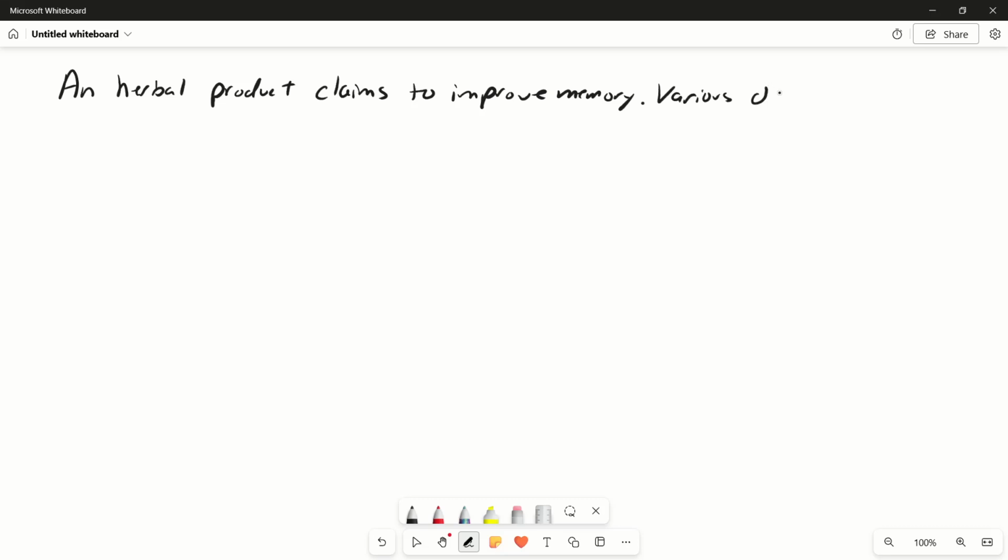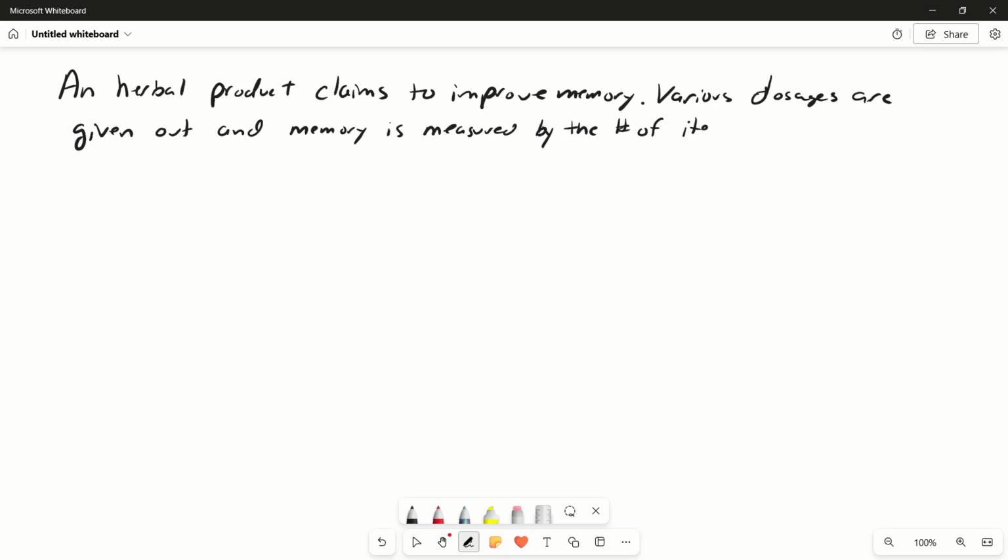Various dosages of this herbal product are given out, and memory is measured by the number of items on a list of words that are recalled.